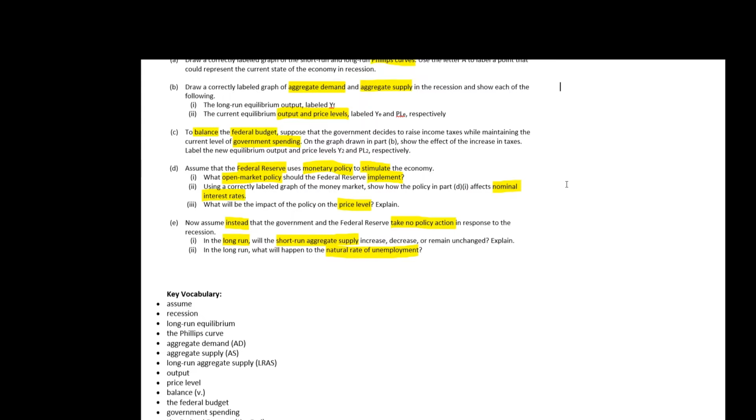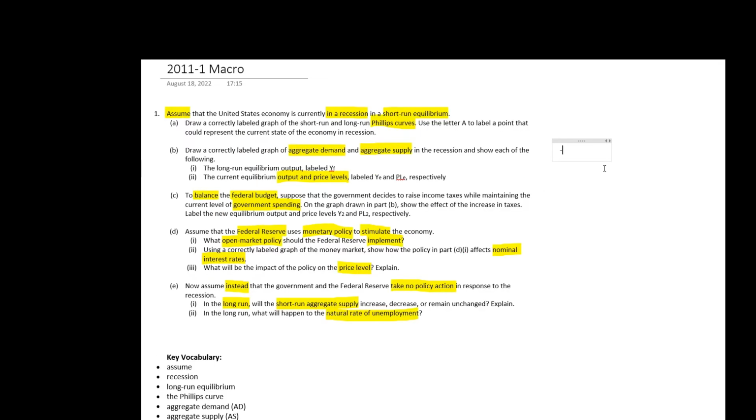And when we draw the graph, we're going to see that this is going to be knocked out of equilibrium in one way or another, and this is almost always the beginning of an ADAS related question. So in the case of this question, we've actually got an economy that's in recession, so that means that our short run aggregate supply curve is going to intersect our aggregate demand curve, not on the LRAS curve.